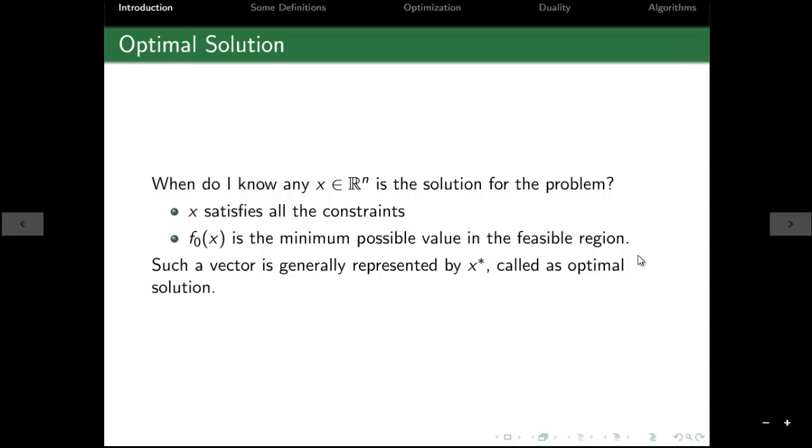X is known as the solution for the problem if it satisfies all the constraints and it minimizes f0 of x. Such a solution is known as the optimal solution and is represented by x star. So throughout this tutorial, whenever you see x star, it represents the optimal solution for the optimization problem.